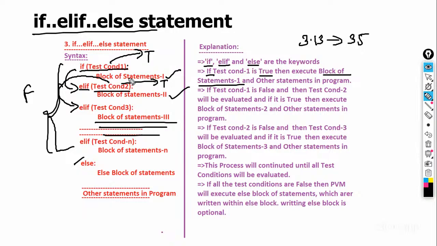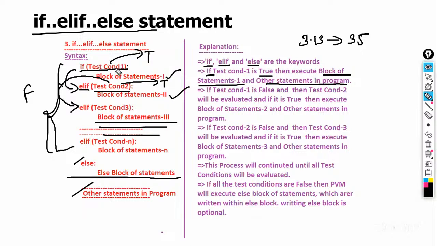So whatever statements we have here get executed, and the other statements in the program. After this if, elif, else block, you'll have other statements in the program, and those statements get executed.